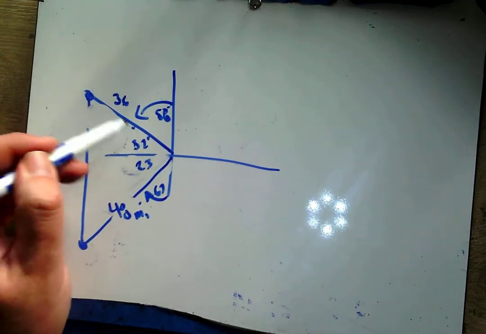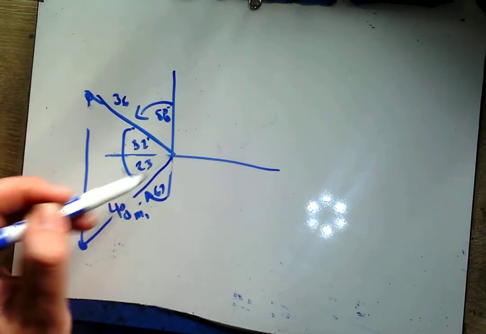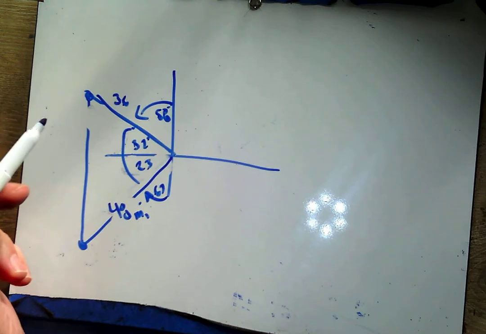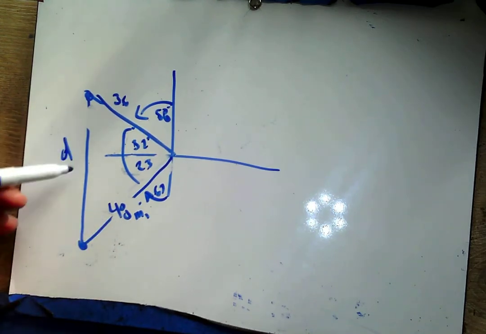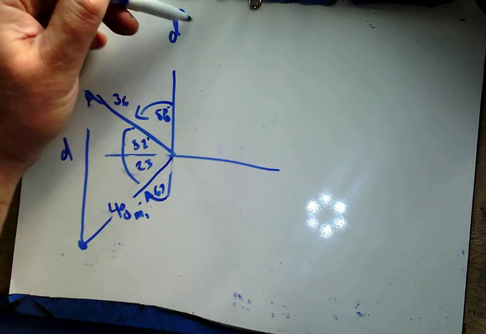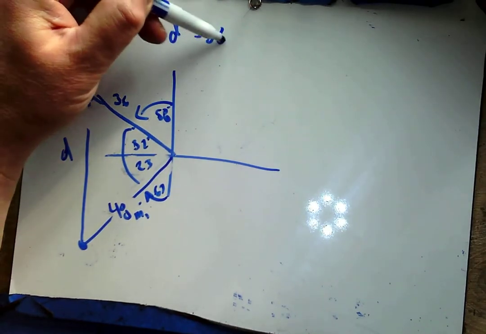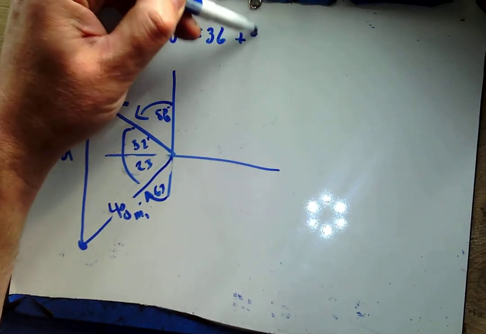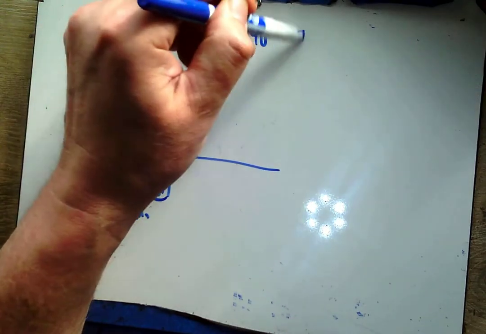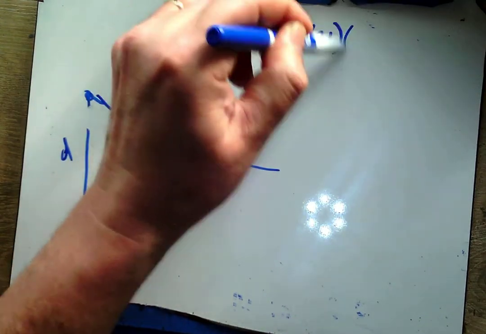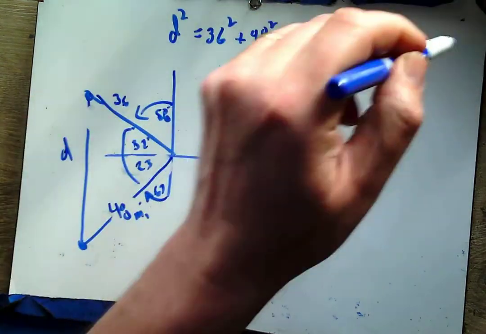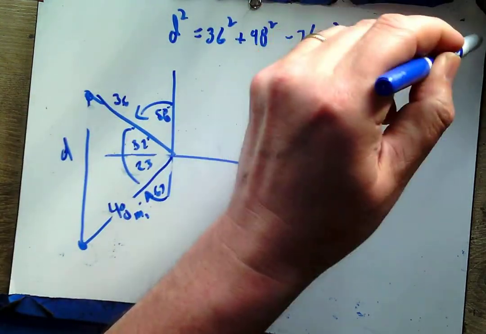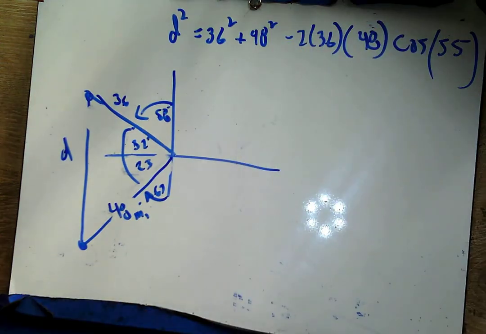Okay, so I know a side, an angle, and a side. To me, that sounds a lot like law of cosines. And we are looking for this distance. So d squared will be 36 squared plus 48 squared minus 2 times 36 times 48 cosine of 55 degrees. Well, that's pretty straightforward.